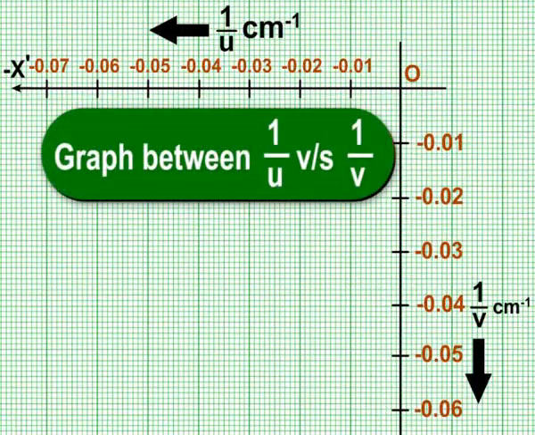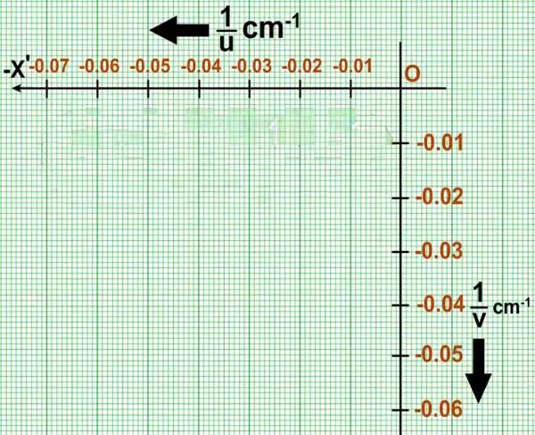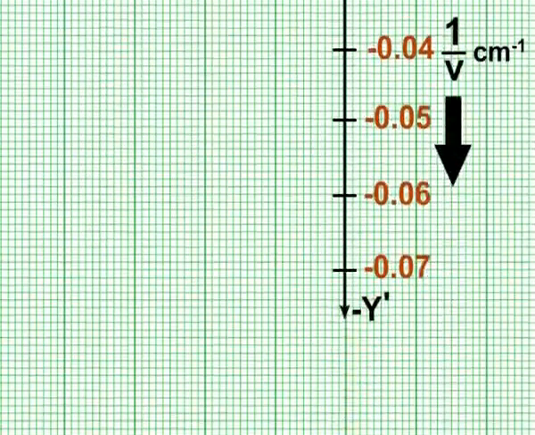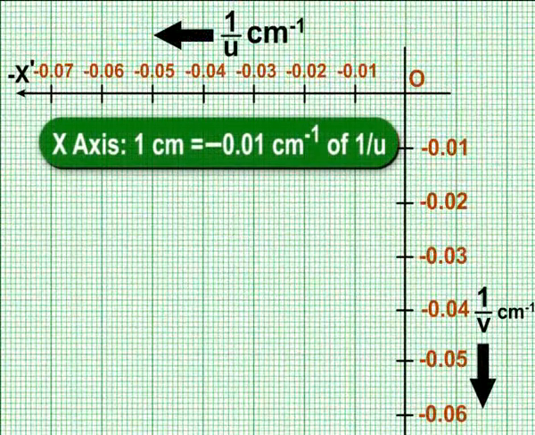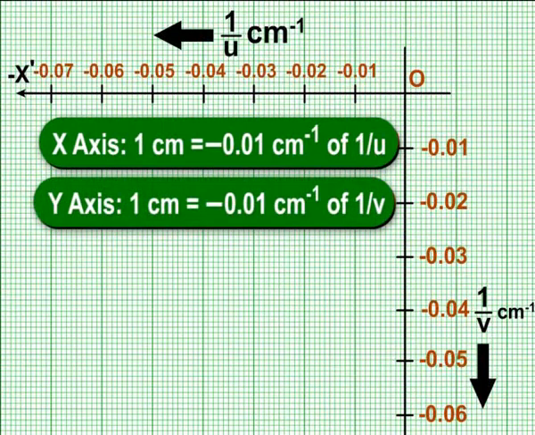Next, we plot a graph between 1/U in centimeter inverse versus 1/V in centimeter inverse. Do not forget to decide an apt scale. On the x-axis, 1 centimeter is equal to 0.01 centimeter inverse of 1/U. On the y-axis, 1 centimeter is equal to 0.01 centimeter inverse of 1/V.